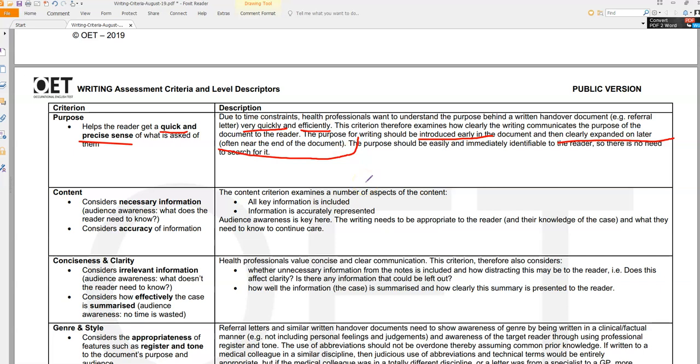So, I'm writing to request that you do X, Y, Z because, and then you construct a logical flow of information, a narrative, and then at the bottom, in view of the above, I would appreciate it if you could do X, Y, Z. Again, and that's it. That's pretty straightforward.